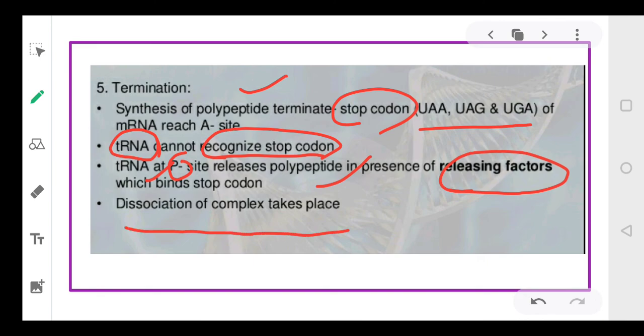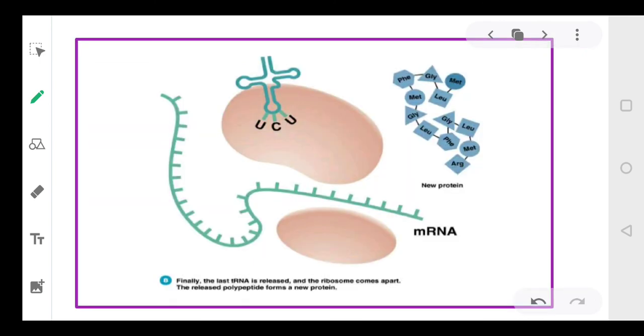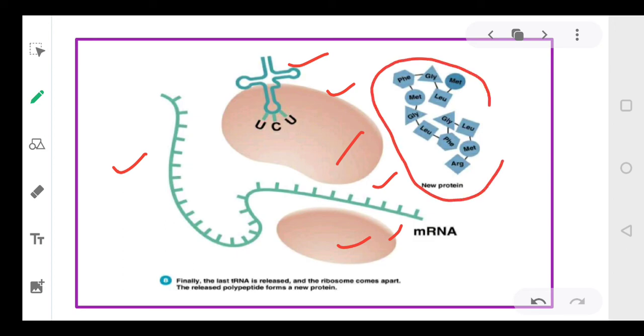There will be a dissociation process. The two ribosomal units will separate. Earlier the mRNA and the ribosomal units had combined; now these two units will become separate from each other. The tRNA will not be able to associate, and we have a newly formed protein.